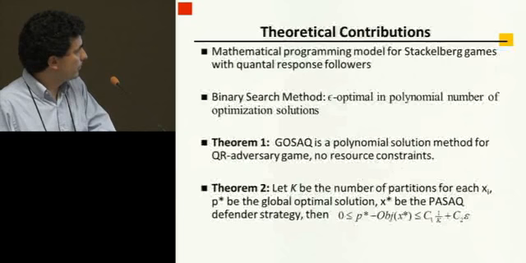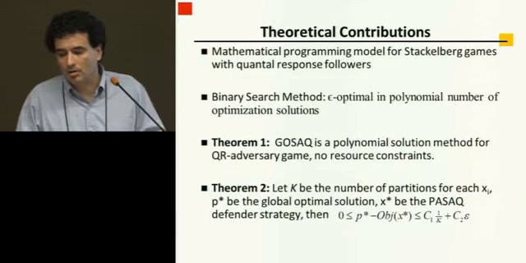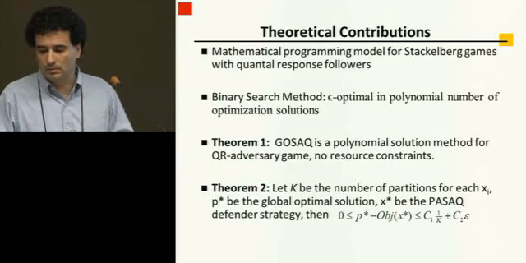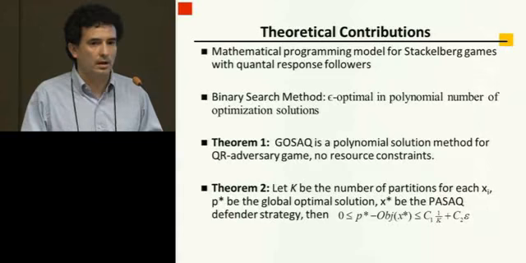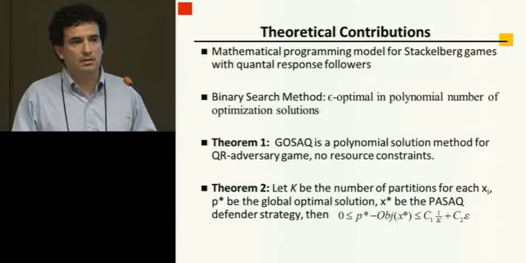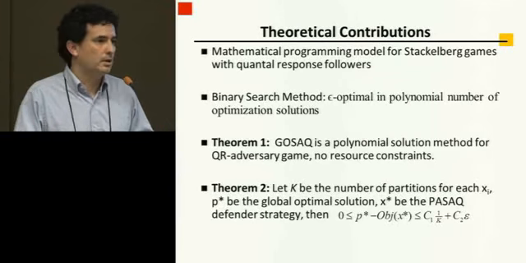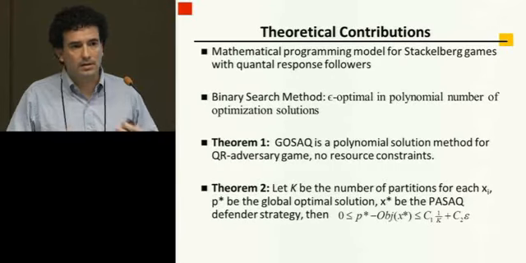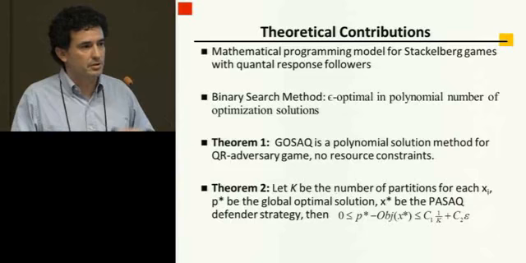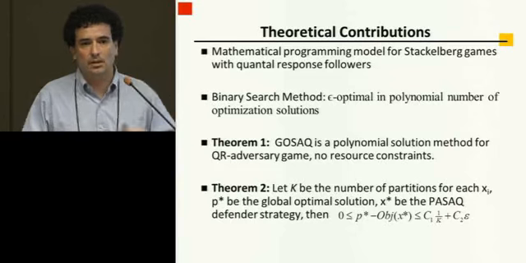Okay. So in summary, our contributions in the research are this mathematical programming problem that allows us to represent, we believe for the first time, a Stackelberg game with a quantal response adversary. Then our algorithms are based on this binary search method, which reduces it to a polynomial time number of optimization solves.